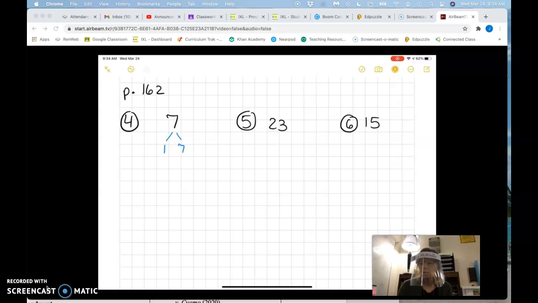Anything else? So what is this number? Prime. Good. It only has 2 factors, so it's prime. What are the factors of 23? 1 and 23. Anything else? So this number is prime also.